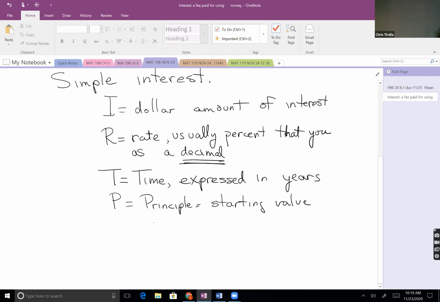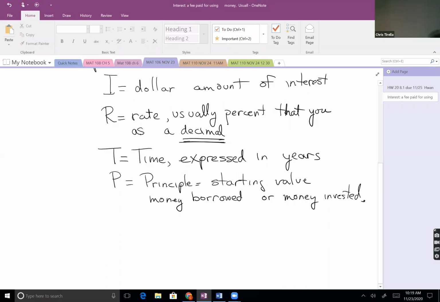It can either be the money borrowed or the money invested. If you're taking a loan, the principal is the money that you borrowed. If you're putting money in an account, a savings account or something, the principal is the money that you invest. It's the starting value.